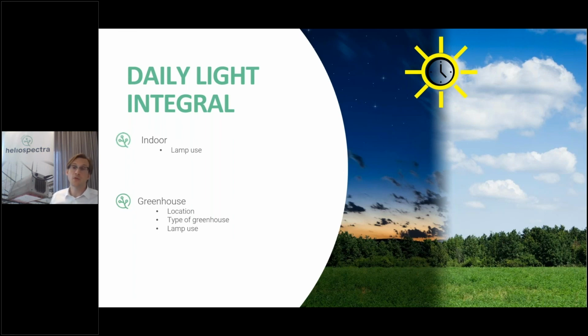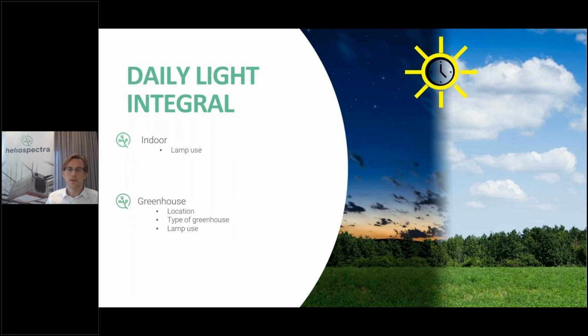It's also important what type of greenhouse you have. So how much of the light do you actually lose in the greenhouse structure, both as reflection and also as shadows and so forth. And on top of that, you add your lamp use. So calculating your DLI in the greenhouse is a little bit more complicated.